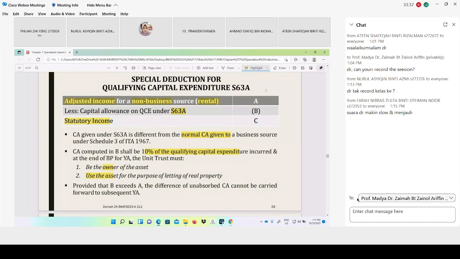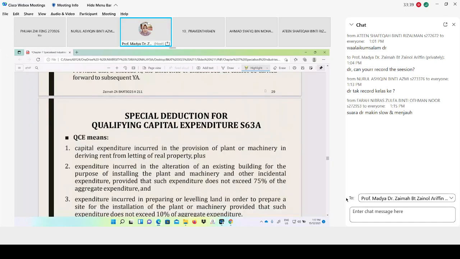Alright, I forgot. Okay. So, back to our qualifying capital expenditure just now. I mentioned to you earlier that the way to compute qualifying capital expenditure is similar to the one that you learned in the principles of taxation.